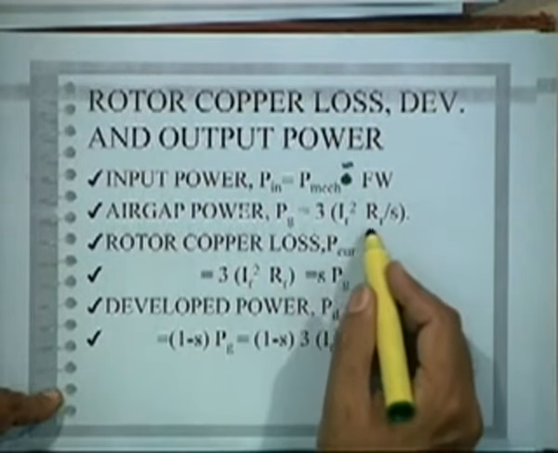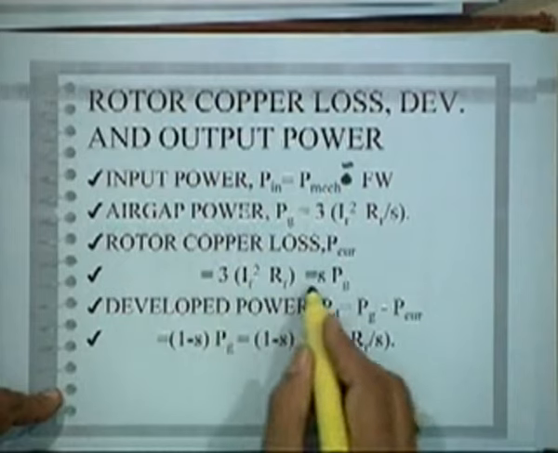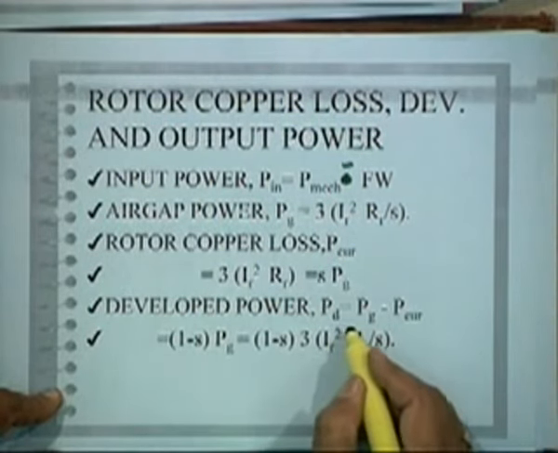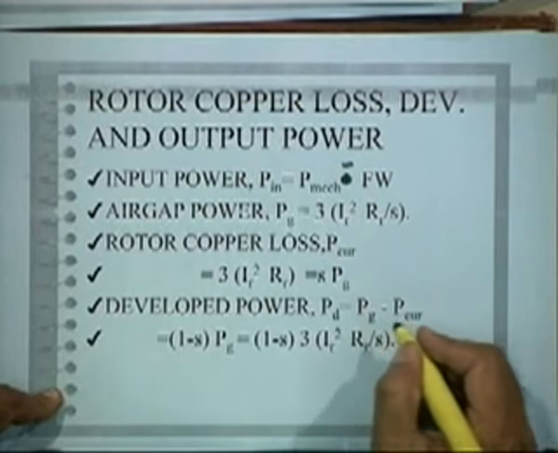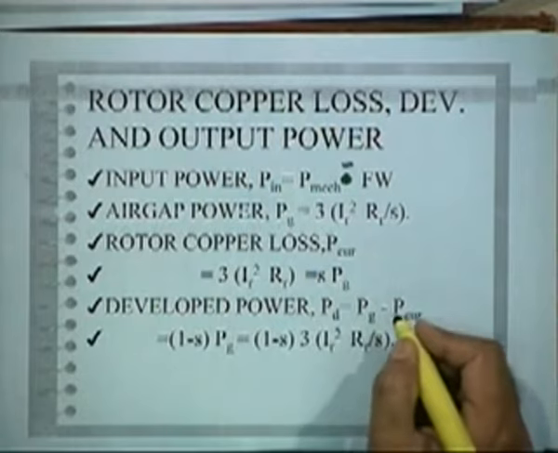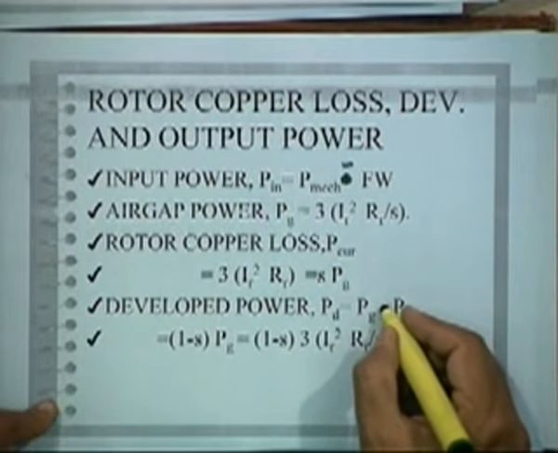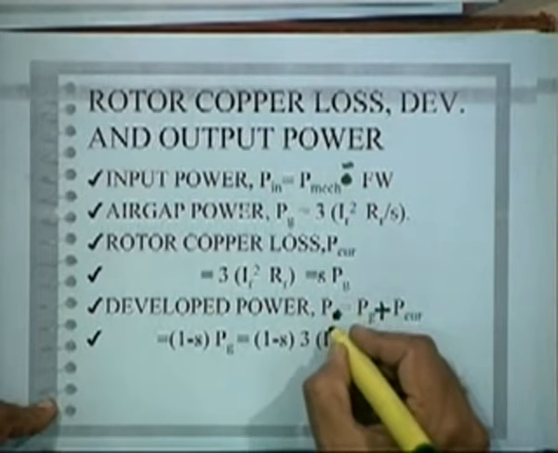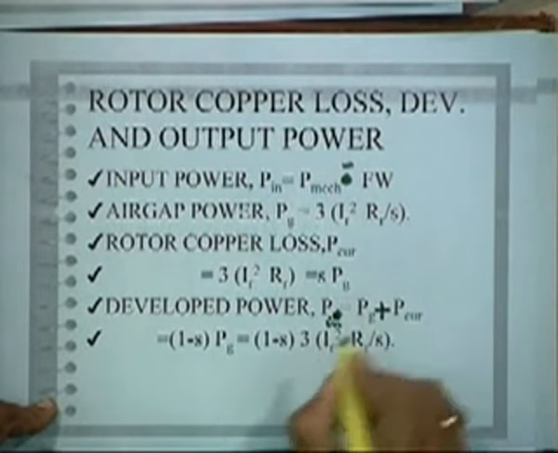Air gap power is 3 times IR square RR by S, rotor copper losses, and developed power will be PD. It's not developed power, it is actually whatever is the gap power plus this, it should be the same, gap power plus this is the power input, okay.